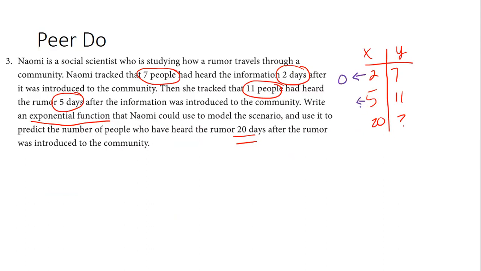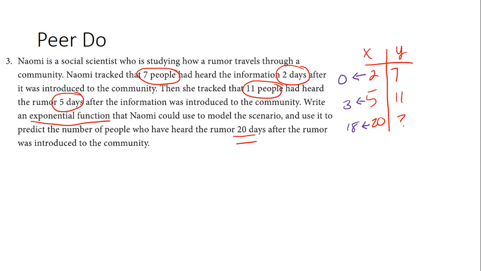It becomes 3, because it's 3 days past it, right? And then 20 is going to be 18, because 20 minus 2 is 18. So these are the values we're using. When you're not starting at 0, you force it to start at 0, but you have to account for how far it is from there.